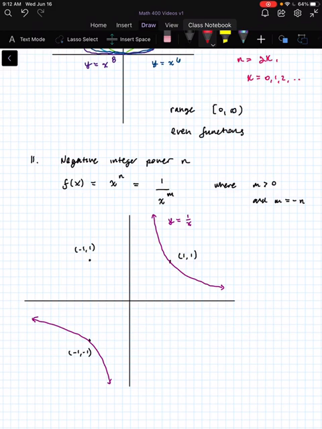All right. Now we'll do 1 over x squared. So that actually will look like y equals 1 over x squared.